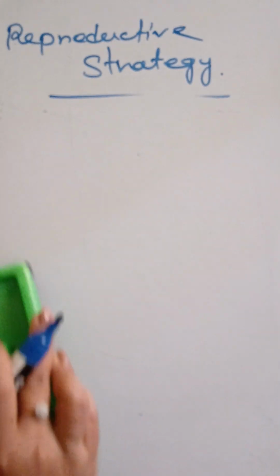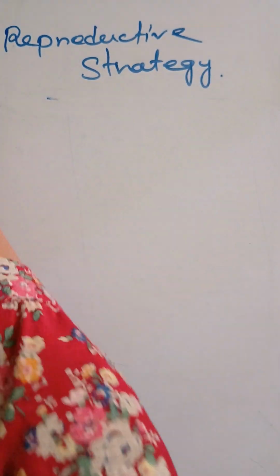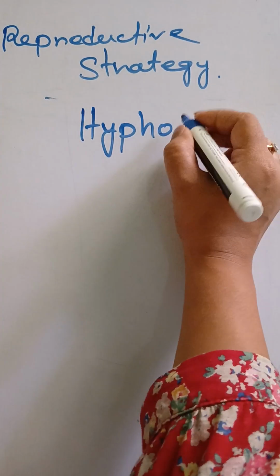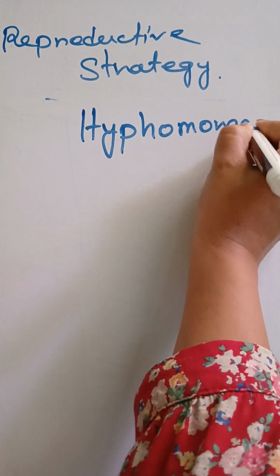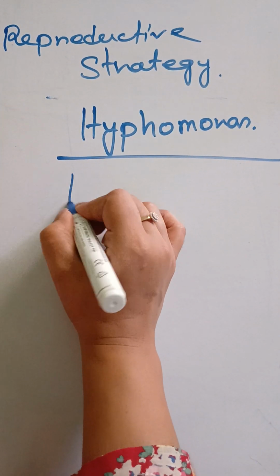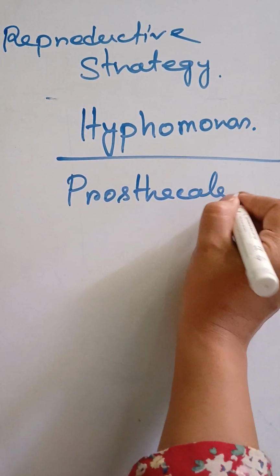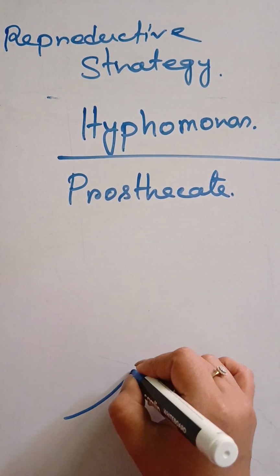But there are exceptions also, like Hyphomonas. Hyphomonas is a kind of prosthecate bacteria, meaning they have prostheca. It looks like this.